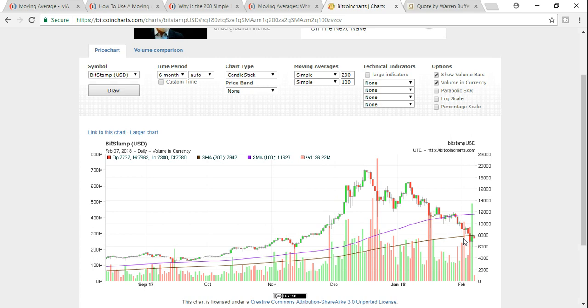But this is a huge indicator for me to start buying. Okay? Now you can use the same formula for any number of stocks or coins or altcoins, whatever we want to call them, to see when would be the most opportune time to buy. All right?